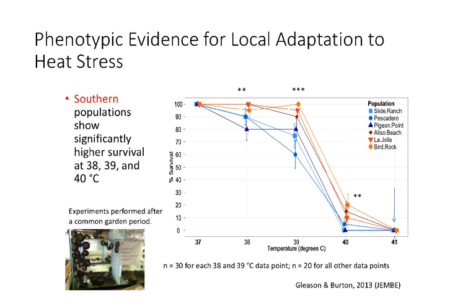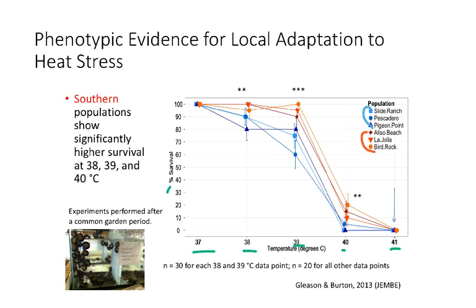We know that there are those temperature differences, and we also have phenotypic evidence for local adaptation to heat stress. This is another image I've shown previously in the local adaptation lecture. We have percent survival on the y-axis, and different heat stress temperatures that individuals were exposed to. Again, Southern California individuals are in red, Northern California individuals in blue.